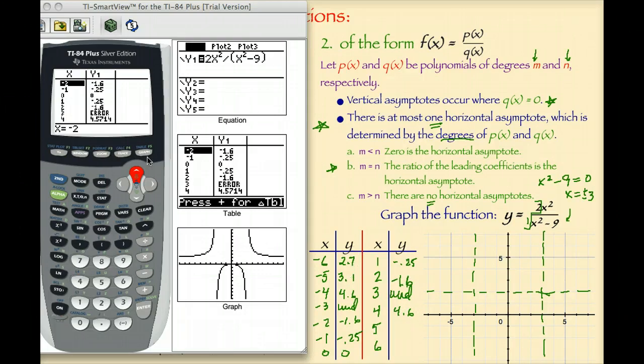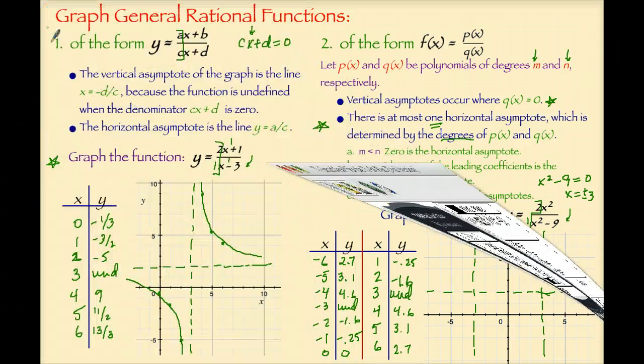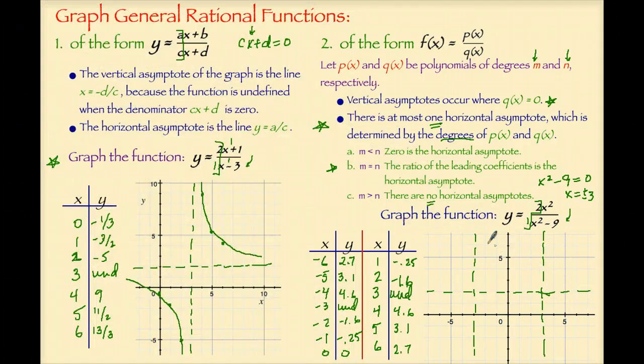I'm expecting that same symmetry, and so let's go down and take a look at 5 and 6 just to be on the safe side. We have 3.1 for 5, and we have for 6 2.7, just like we expected. Now of course that was helpful. Thank you, TI-84. Now let's plot these points.